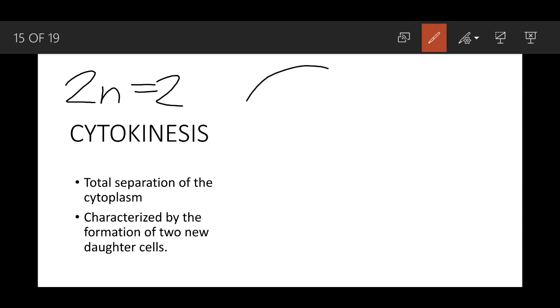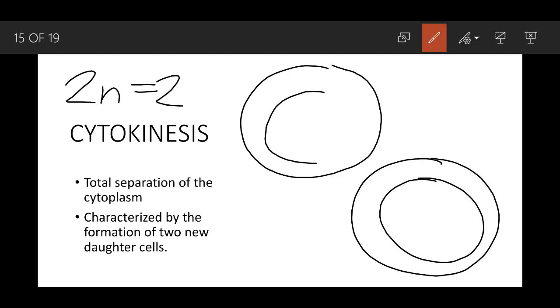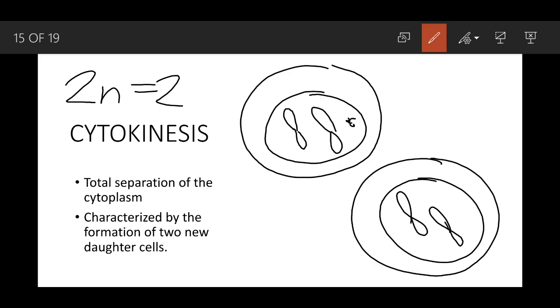So at the end of the process, you'll have two newly formed cells. You have the chromatid, and of course the nucleolus.